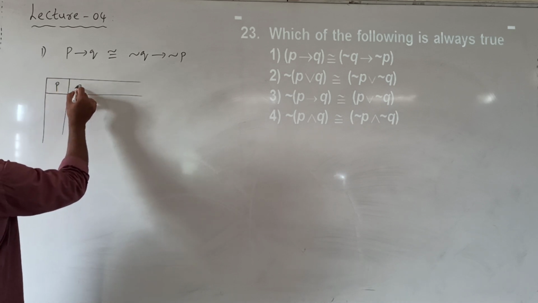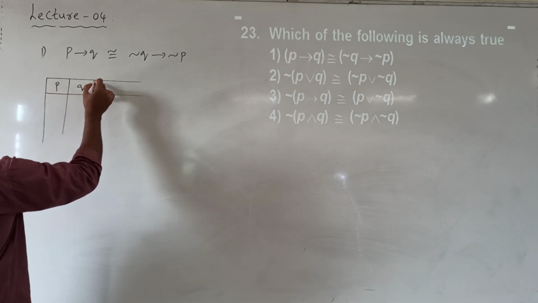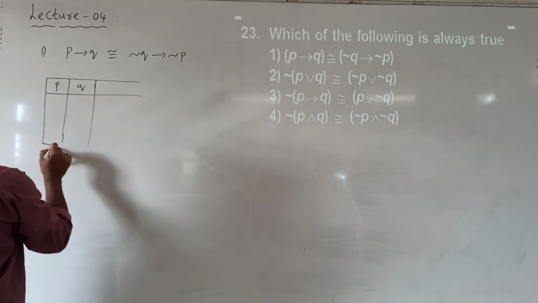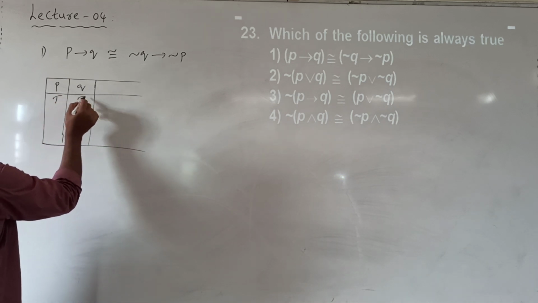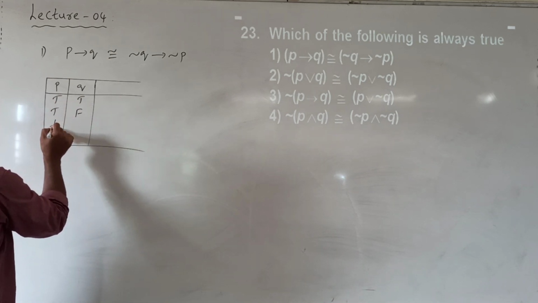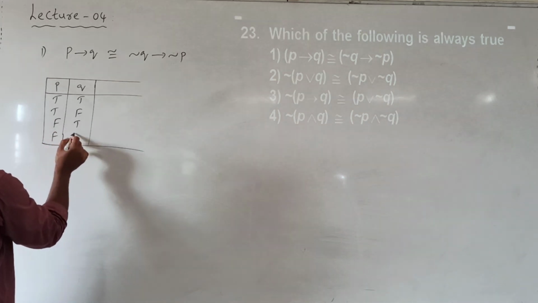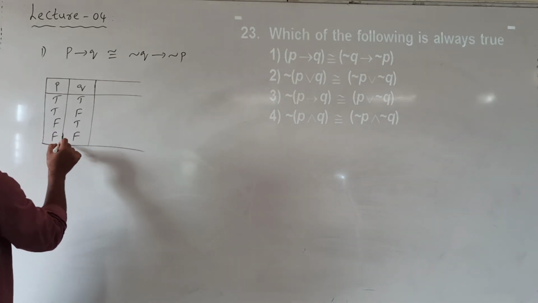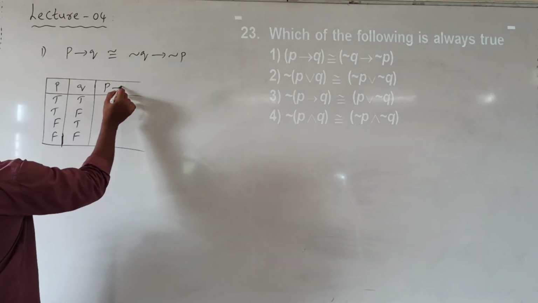P, Q: both true, true false, false true, both false. Now P implies Q.